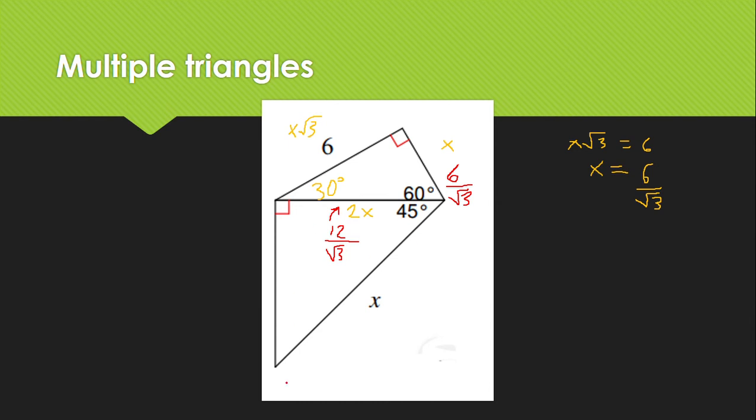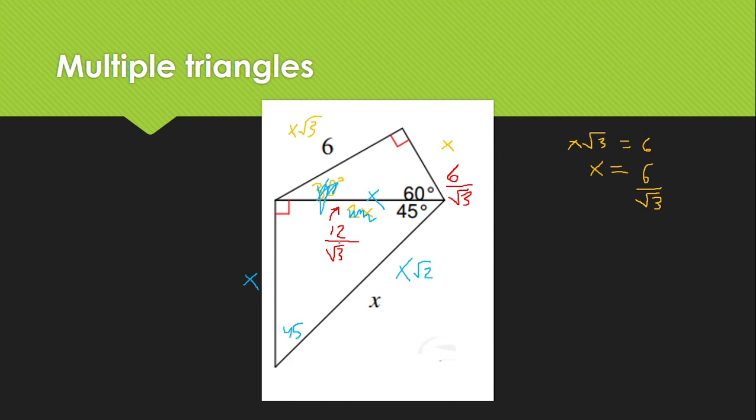So now I'm going to come down to my other triangle on the bottom, and it's a 45, 45, 90 triangle. So I'll switch to blue. In the 45, 45, 90 triangle, our relationship is x, x, x root 2. And again, I'm ignoring all the yellow writing from before, so I'll scribble that out so that we can ignore it.